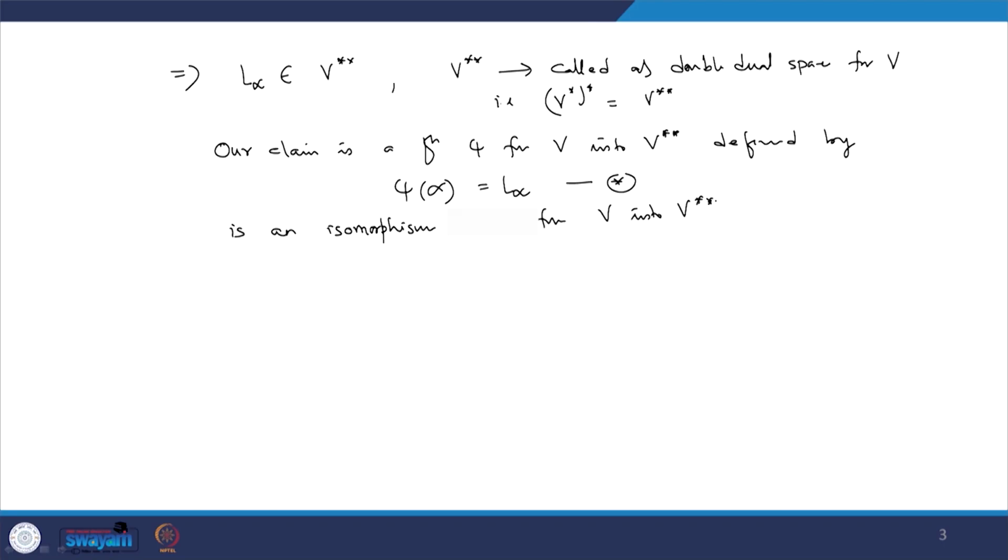So, the way we have introduced L alpha, I am defining a function psi from V into V double star defined by psi of alpha equal to L alpha.